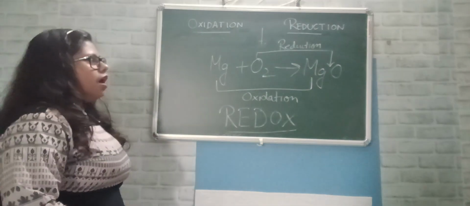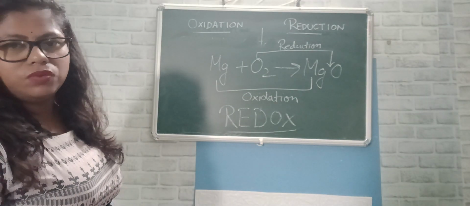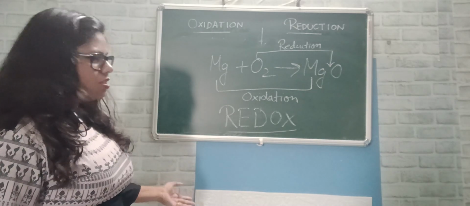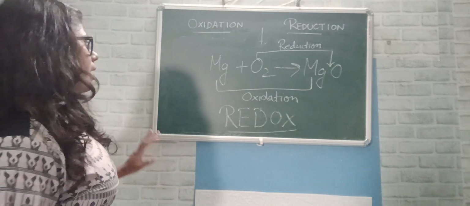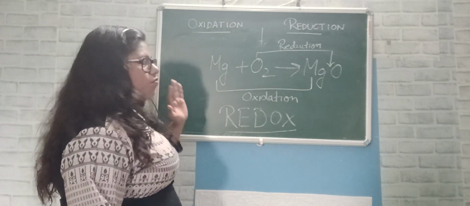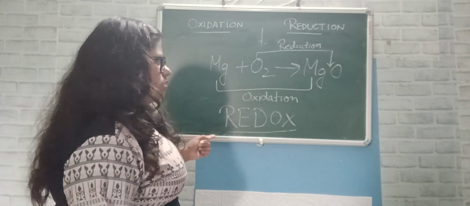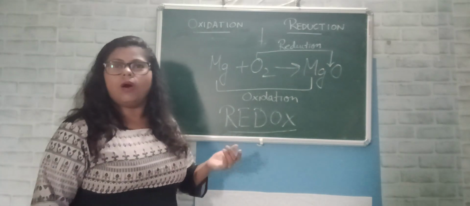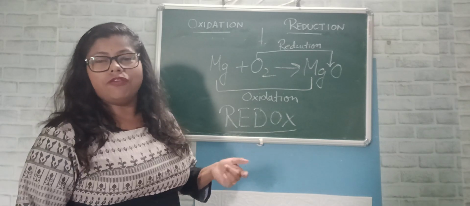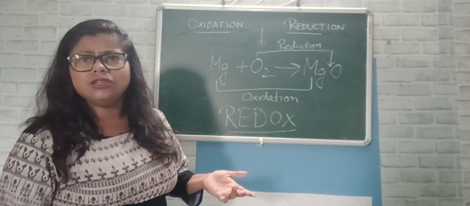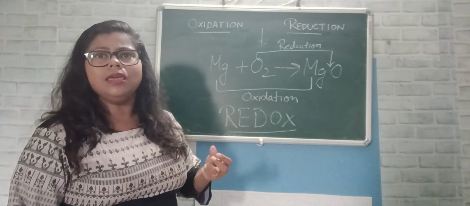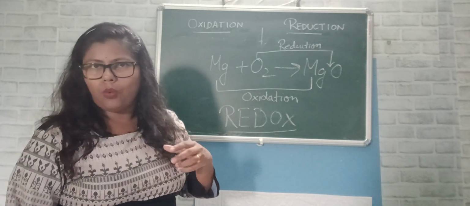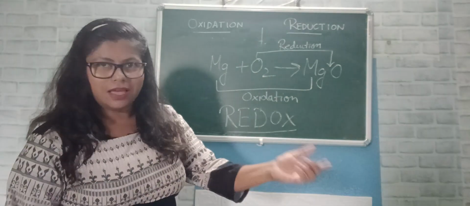Okay, now another confusing term which comes is oxidizing agent and reducing agent. Now it's very easy to understand which one is the oxidizing agent and which one is the reducing agent. If you talk about agents, an agent of LIC or any health insurance, do they buy policies for themselves? No, they do it for others.